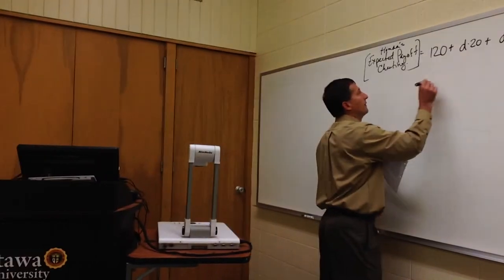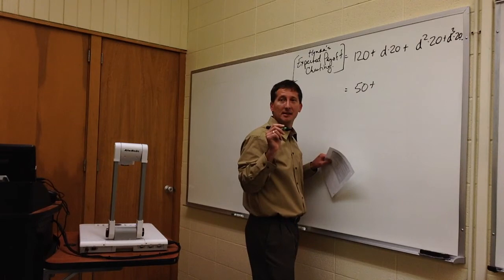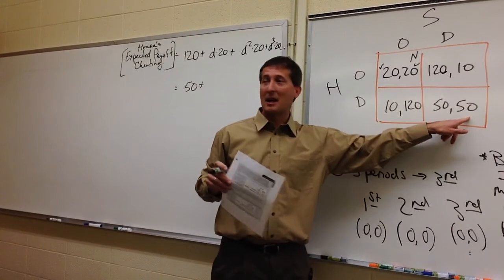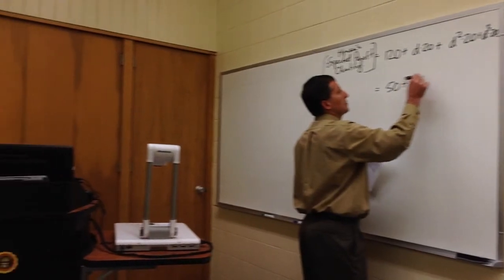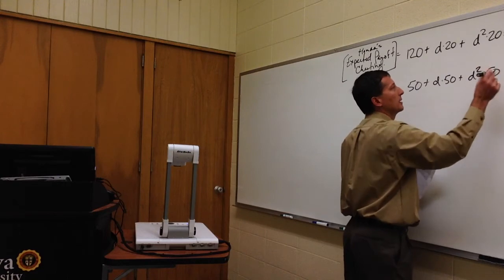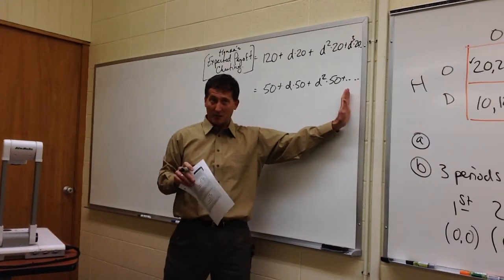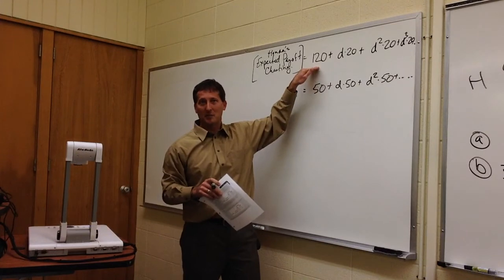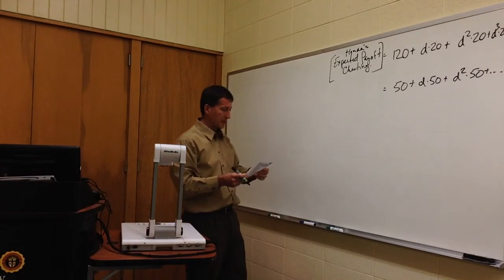So we get 50 plus 50 times D, whatever that D is, we're playing the same game, plus D squared times 50. By the way, the squaring part just comes from discounting. Plus dot, dot, dot. So we get 50 forever, as long as we don't cheat. If we're going to cheat, it's always better to cheat in the first time period, and that's the payoff structure. So now we've got two payoff streams.